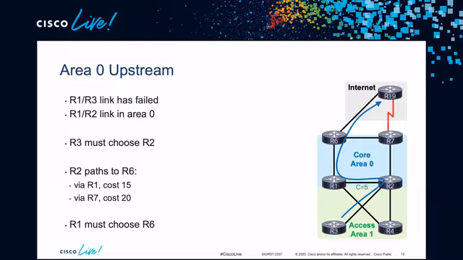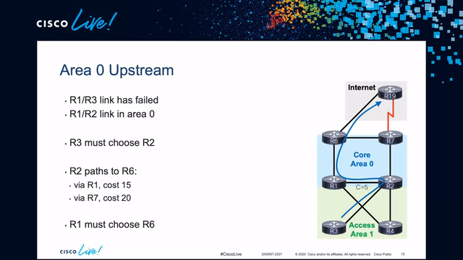Once the traffic reaches R1, R1 must choose R6 because it's the only upstream path, and then of course R6 will have its shortest path to the internet through R19. For the purposes of this scenario, it's fair to assume that R6 is going to prefer its direct uplink to the internet, so don't worry too much about the Internet Edge BGP details in this session.